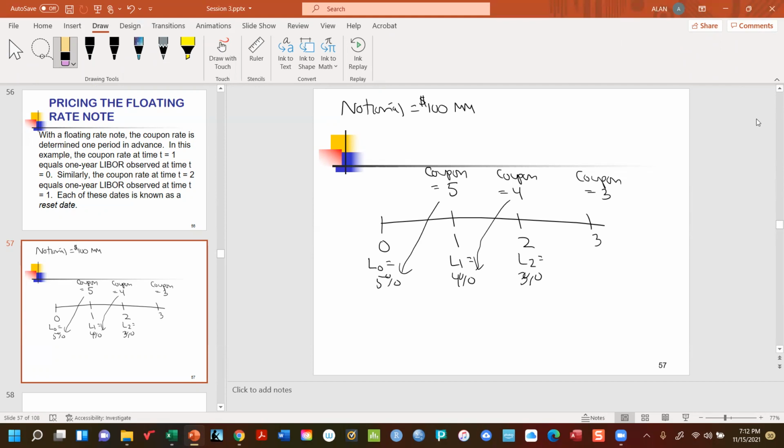So on date one, the owner of this bond has a bond worth 100 million plus a $5 million coupon.